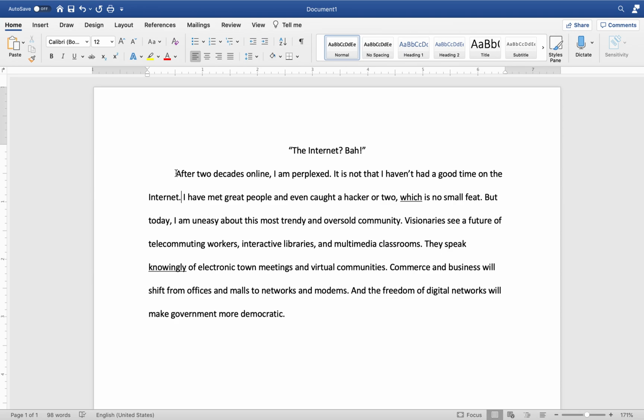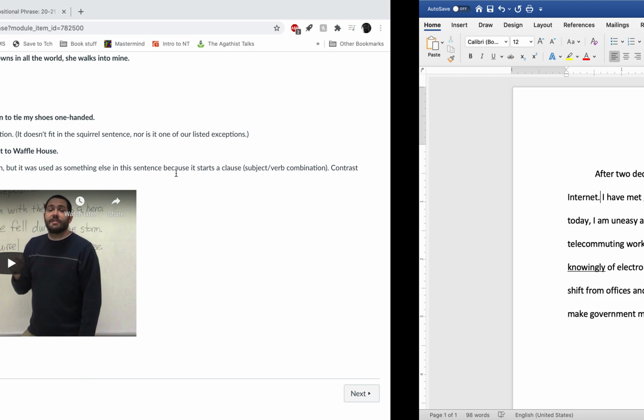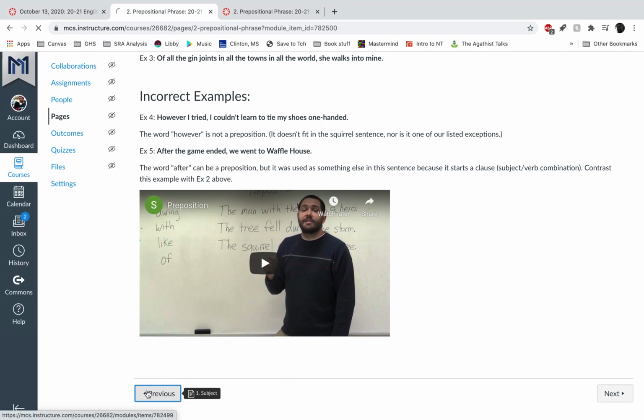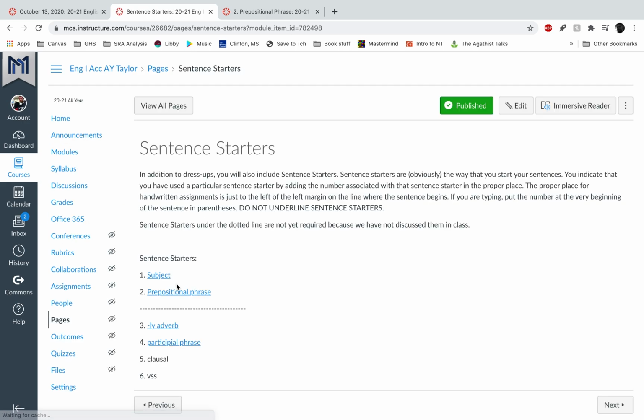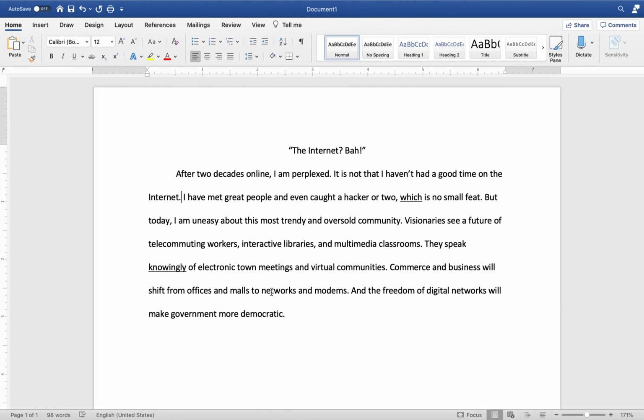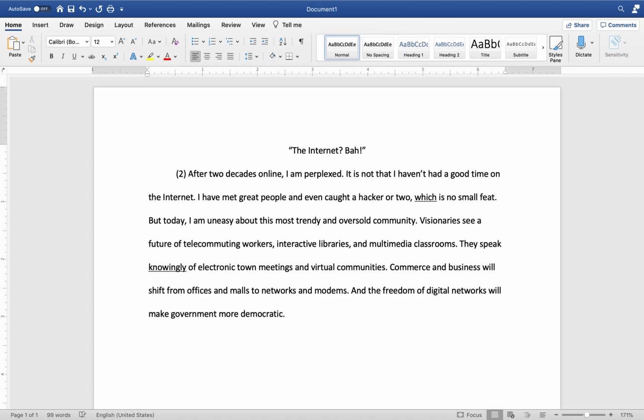This sentence starts with a prepositional phrase. Prepositional phrase, you'll remember, was our second sentence starter. That means that I label it with a number 2. Since I'm typing this rather than handwriting it, I just put a number 2 in parentheses at the beginning of the sentence. Now, that one is done.